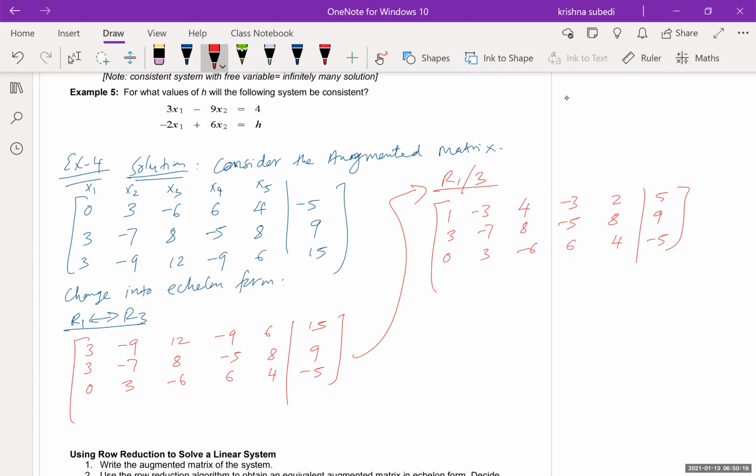And that's what we got. In order to make life easy, you can divide this R1 by 3 so that you get 1, -3, 4, -3, 2, 5, and then R2 and R3, I just copied as it is. Now your job is to make this guy 0 here, and this will be your pivot, and make that guy 0, and so on. And let me know what is the echelon form, okay? I'll leave it to you guys.